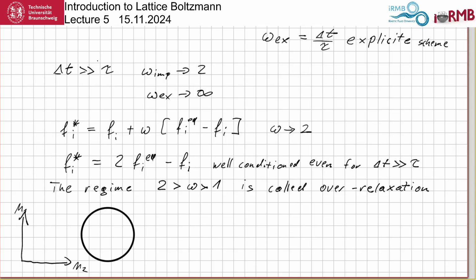Actually, in the proper Boltzmann equations, it would have infinitely many dimensions, but here it has finitely many dimensions. So say in this configuration space, we have somewhere an equilibrium, F equilibrium, and we have somewhere the pre-collision state F.